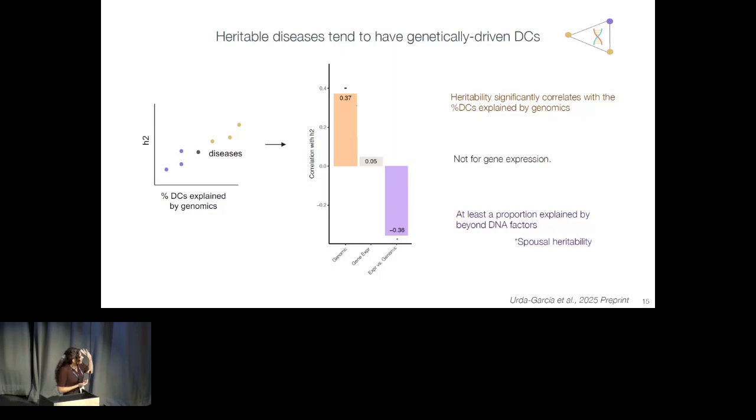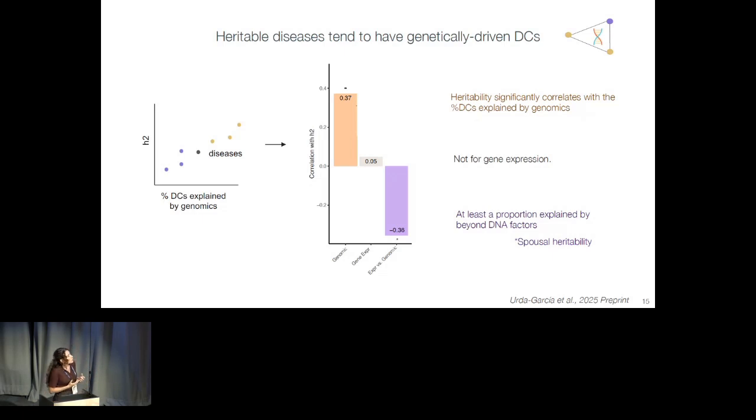So we computed this correlation, but for the relative proportion of transcriptomics and genomics. And indeed, we saw a significant negative correlation, indicating that at least that proportion of the transcriptomic disease signal might be explained by factors beyond DNA sequence. This is also in line with observations made with spousal heritability, which is a proxy for the environmental component of diseases.